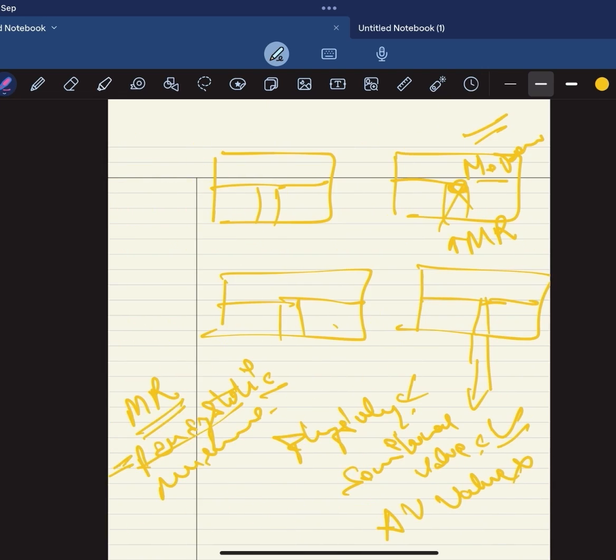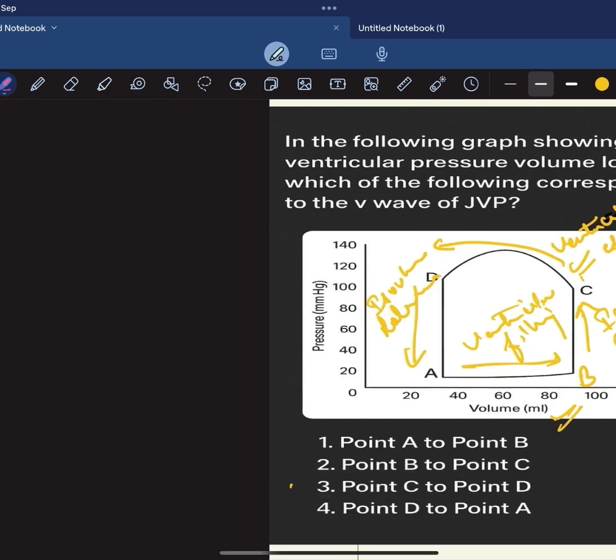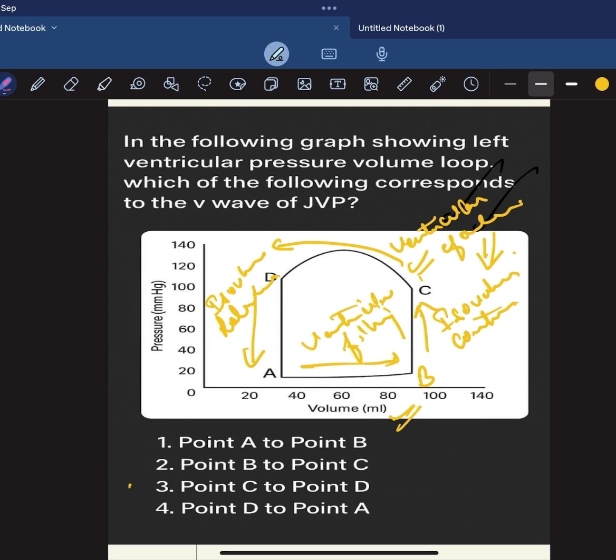This is the question that we had to discuss here, and the answer is C to D, where the ventricular ejection is taking place, which further leads to the venous filling of the atrium, which corresponds to the V wave in the JVP.